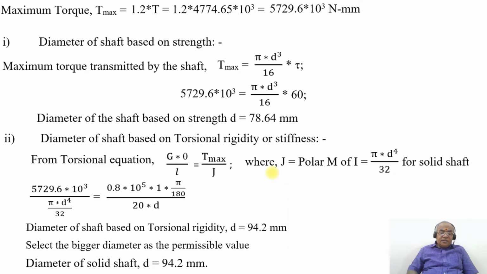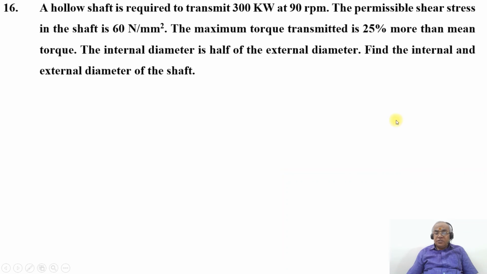So the diameter of the solid shaft D will be among 78.64 and 94.2 mm. 94.2 is the bigger one, and hence you adopt this value for the future discussions. So the diameter of the solid shaft D will be equal to 94.2 mm. This is how you will be able to solve this particular problem.